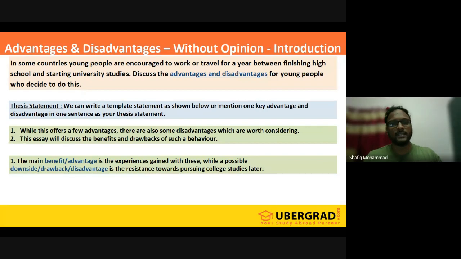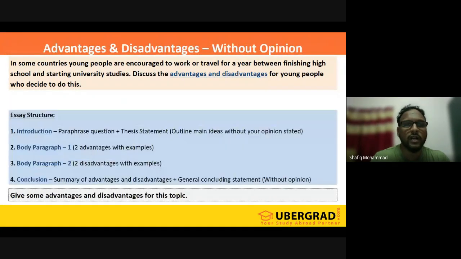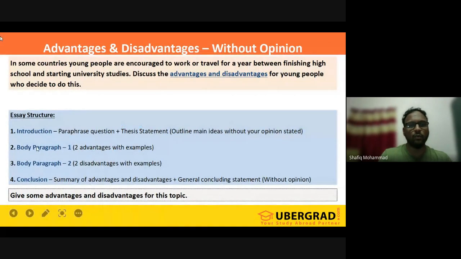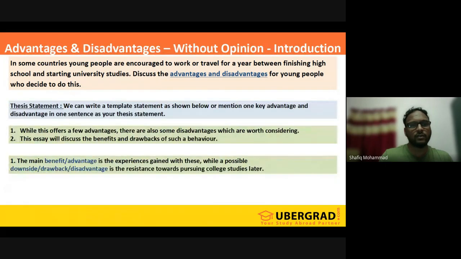Okay. Yes, guys. So here, the next para after introduction would be, so what is after introduction? Introduction, we need to write body paragraph one, right? So body paragraph one, you can start with advantages and give an example, right? So that is what we're going to discuss about it.